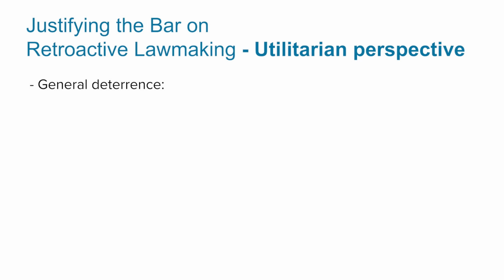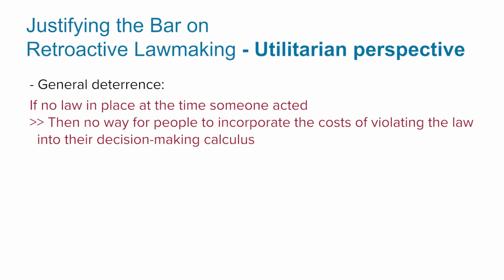But of course, for deterrence to work, this threat of punishment has to exist before the person engages in the conduct, not after the fact, as retroactive lawmaking might otherwise allow for. And that's a fundamental problem for deterrence, which views rational cost-benefit decisions as the key to controlling crime. Basically, if there's no law in place at the time someone acted, then there's no way for people to incorporate the cost of violating the law into their decision-making calculus.